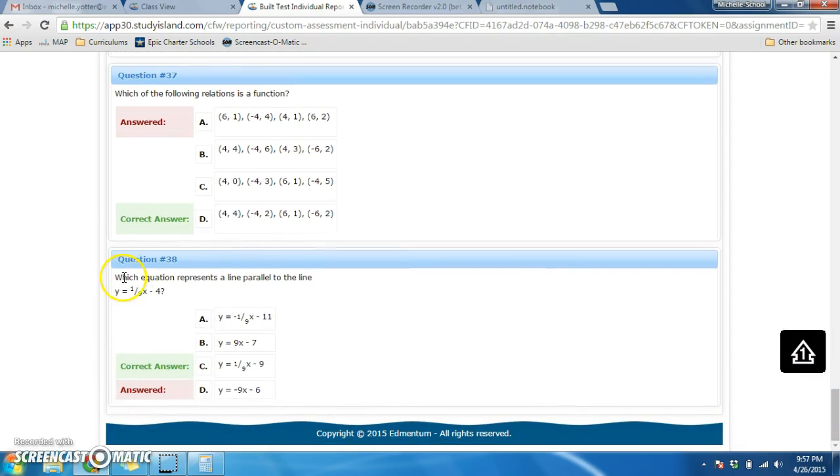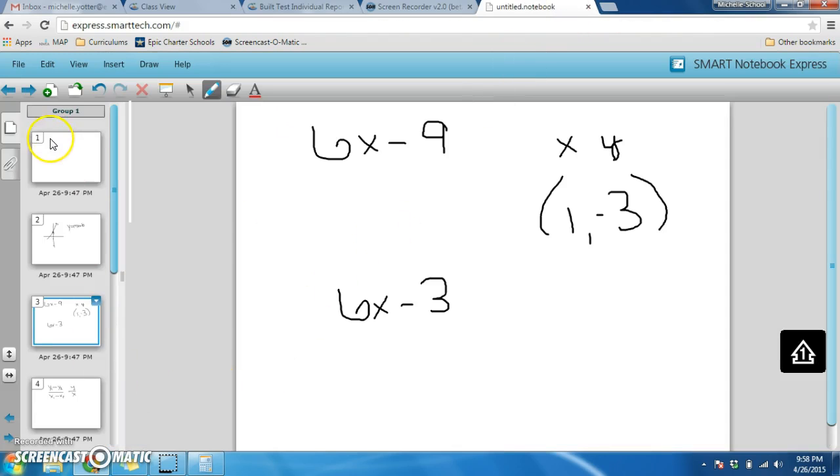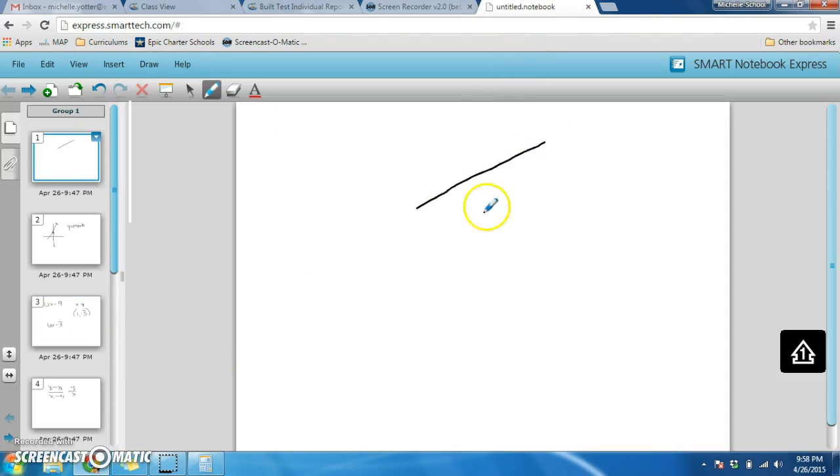And the last one, it says, which equation represents a line that is parallel? I think you're trying to think of perpendicular, because this would be perpendicular. So I think you have your perpendicular and parallel mixed up. Okay, so this is the correct answer. Remember, parallel lines have to have the same exact slope.